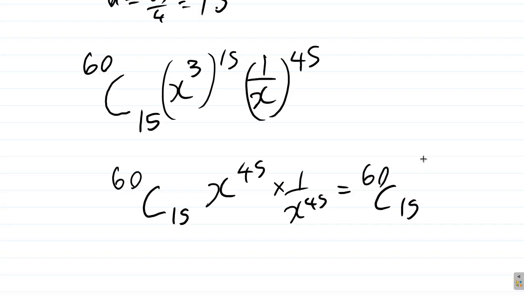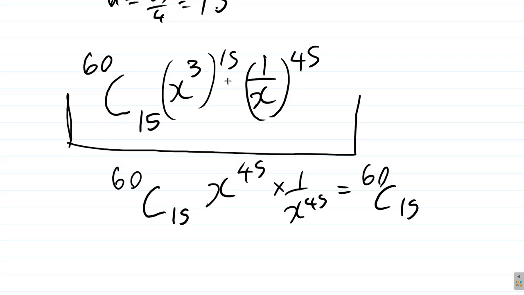So with x to the 0, you don't need to write it. So that is the term that will have no x in it. So this here is your answer. That's your answer there.